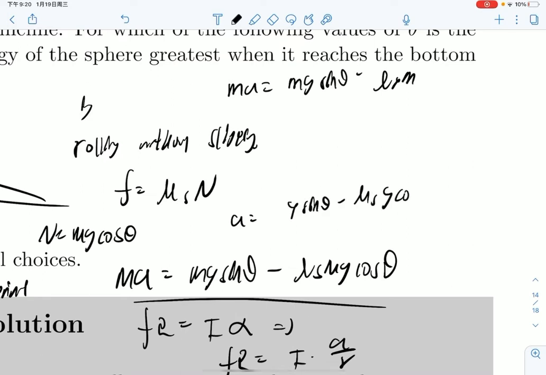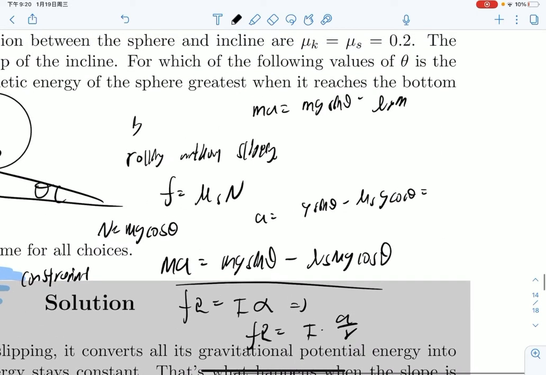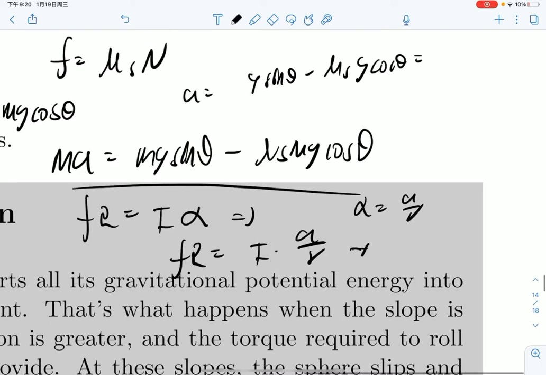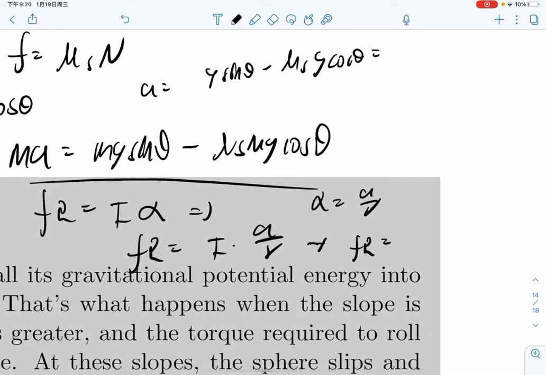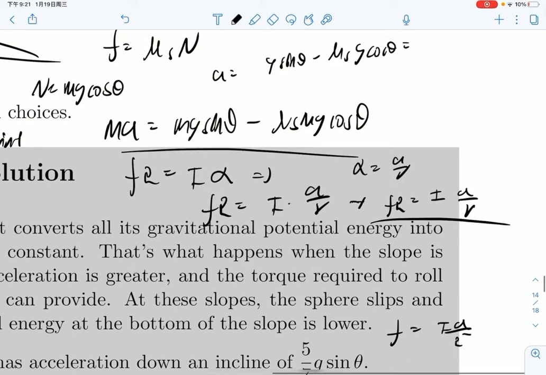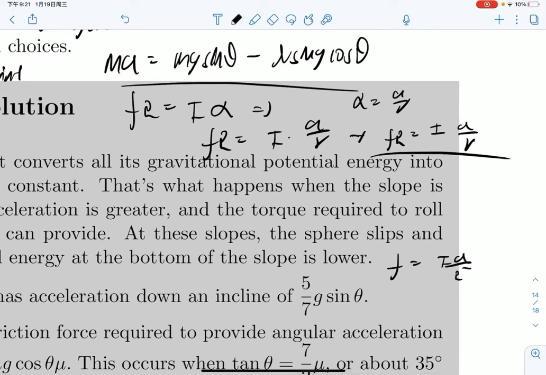And from the constraint, you can see alpha is equal to a divided by r. So you will have F is equal to I a over r squared, and you will have F is equal to mu s mg cosine theta.